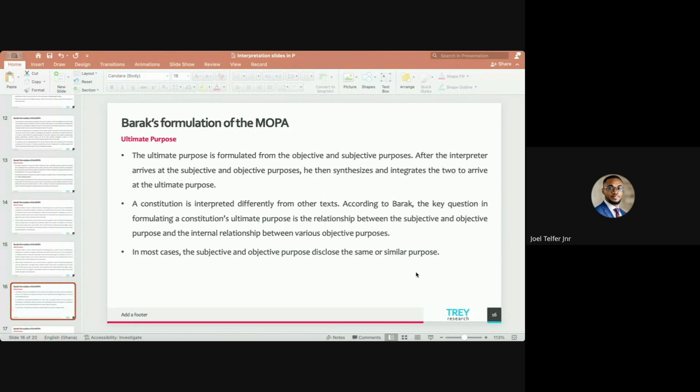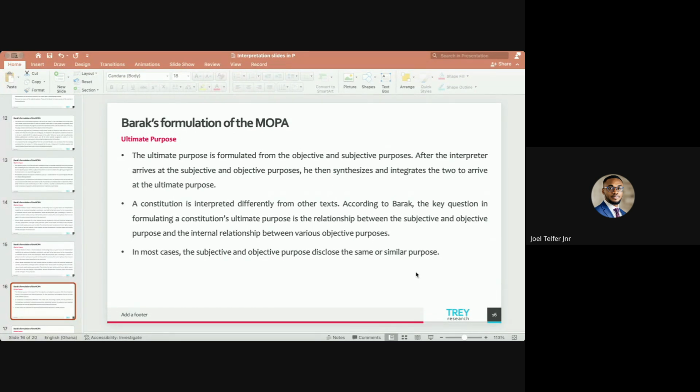But if you are being objective, you are viewing it from the perspective of a reasonable man. And he's saying that in providing an interpretation, you must first identify the subjective purpose. What is the subjective purpose? It is based on the bias of the person who enacted the legislation. At the time the person was doing the enactment, what were the things prevalent on his mind? What did he intend to achieve?